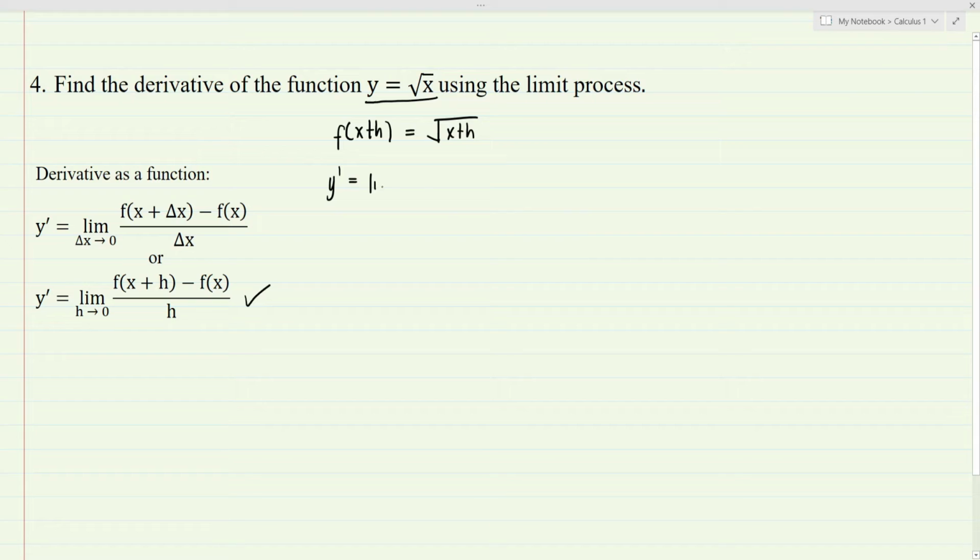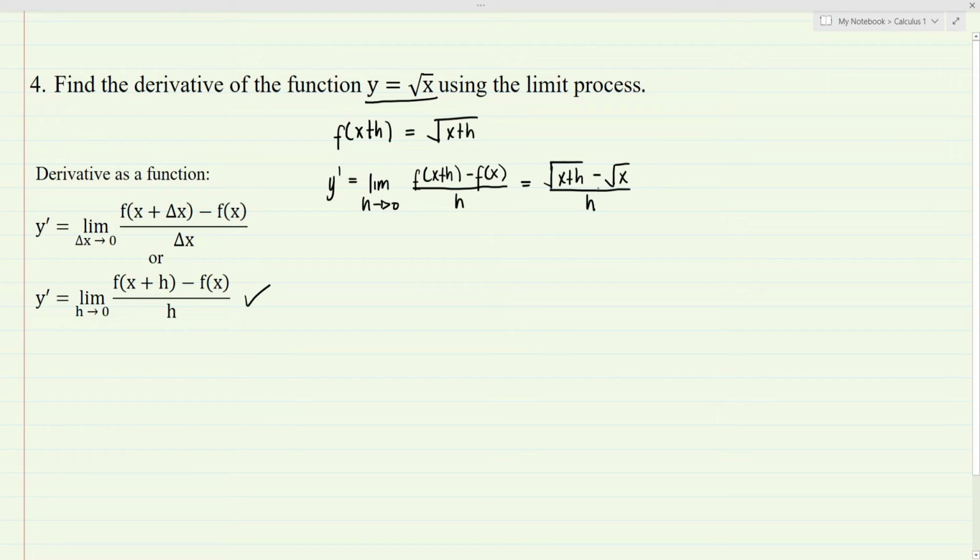This would be limit of f of x plus h minus f of x divided by h as h approaches 0. Plugging in the values, I would have here the square root of x plus h minus square root of x divided by h.